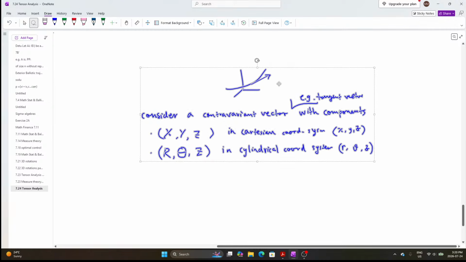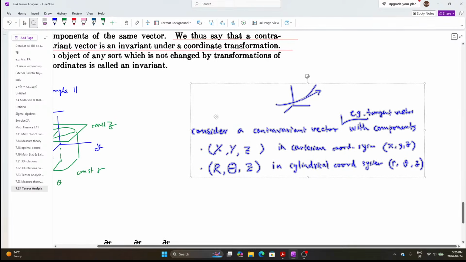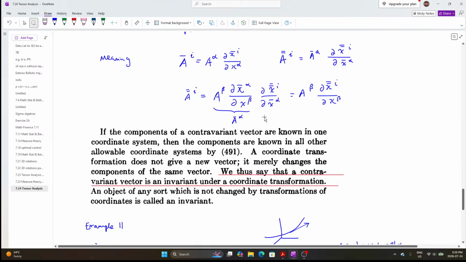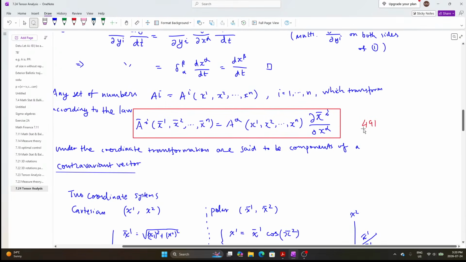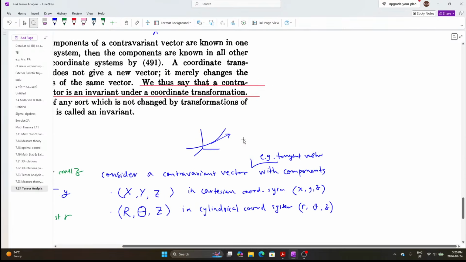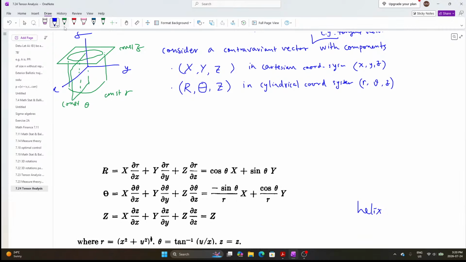Then what does 491 say? What does this definition say? Okay, Marco, you're unhappy. Are you still unhappy now? Because I was confused. Basically, this is what 491 says.